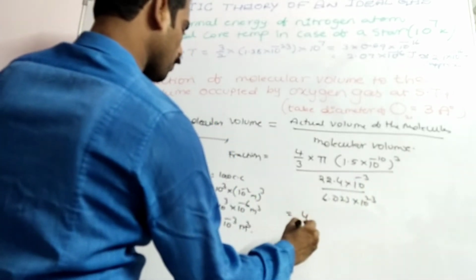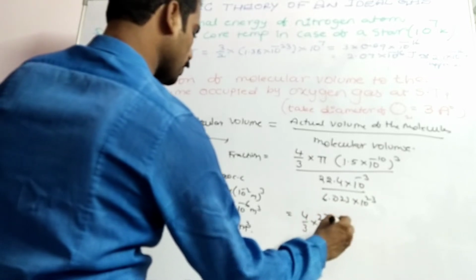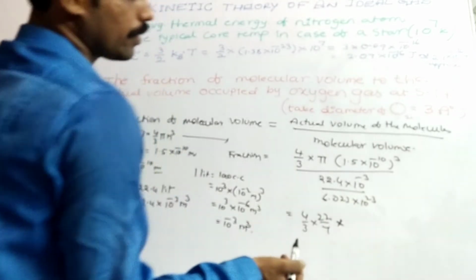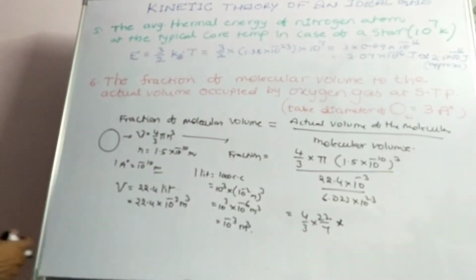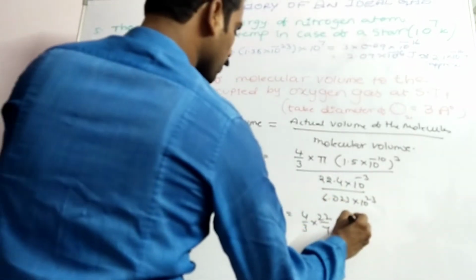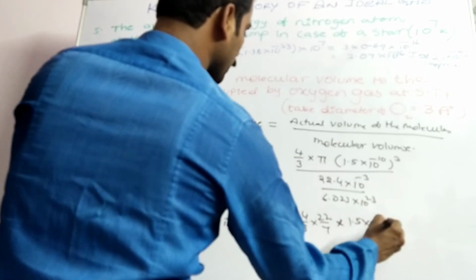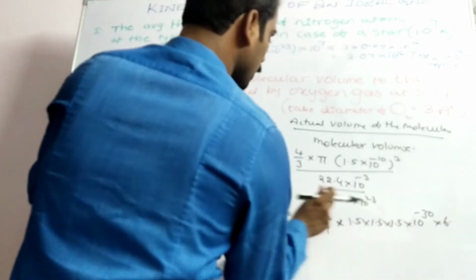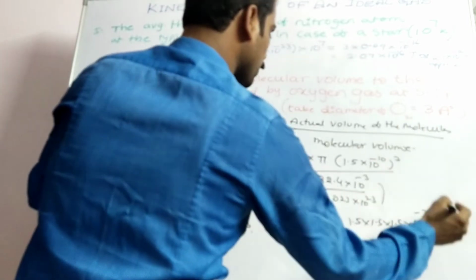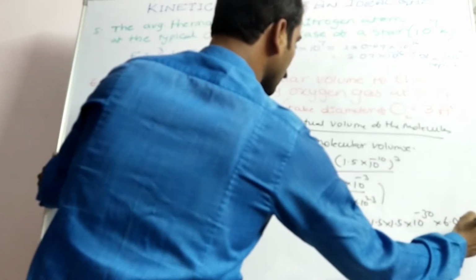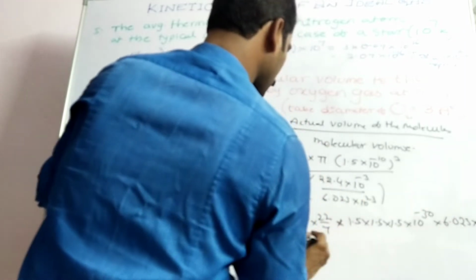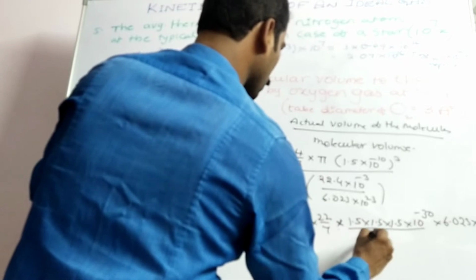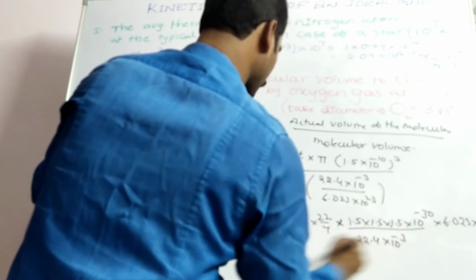That is equal to 4 by 3 into 22 by 7 into 1.5 into 1.5 into 1.5 into 10 to the power of minus 30, and this value can be written in the numerator, 6.023 into 10 power 23 by 22.4 into 10 to the power of minus 3.